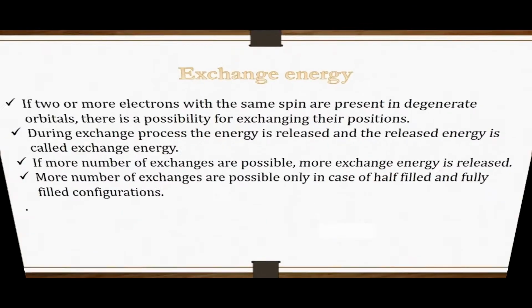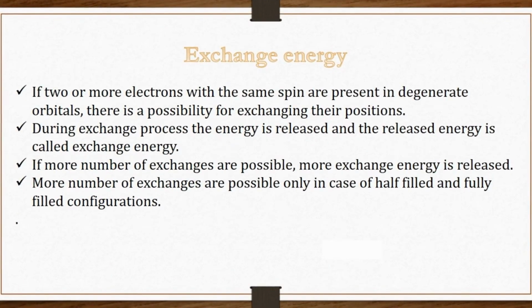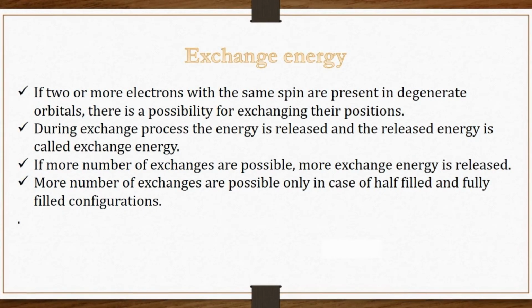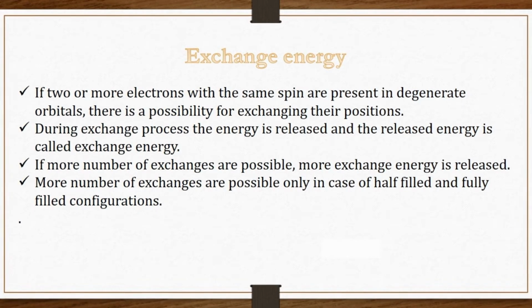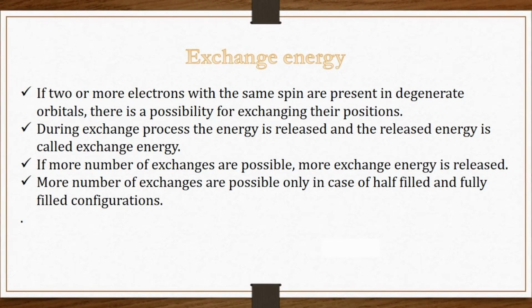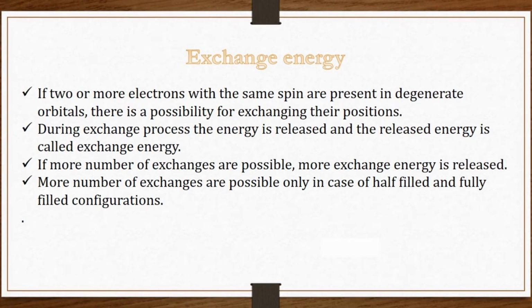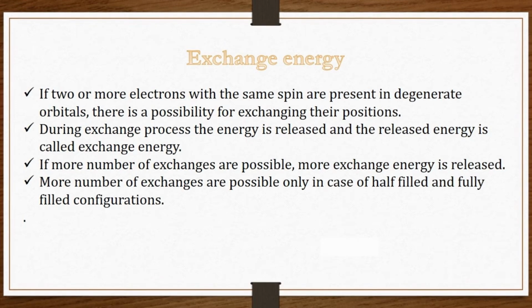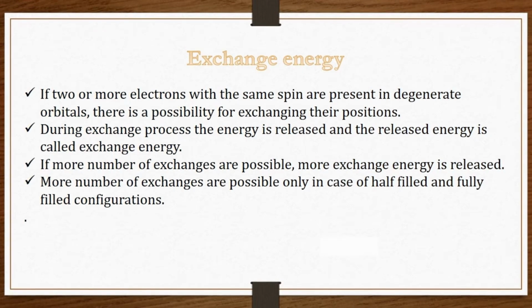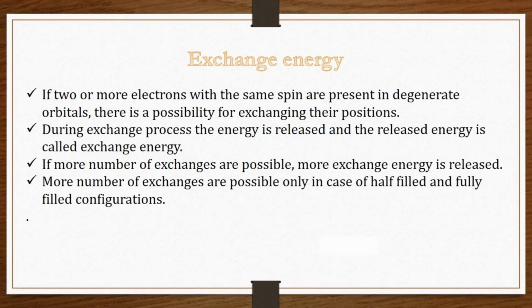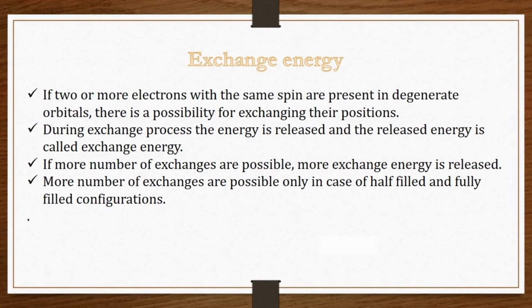Now let us learn the second reason, exchange energy. Generally, electrons present in different orbitals of the same subshell tend to exchange their positions. The exchange of electrons occurs as shown below. Such exchange leads to a decrease in energy, known as exchange energy.